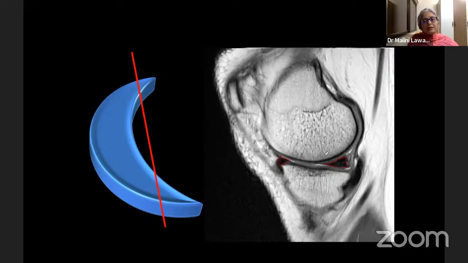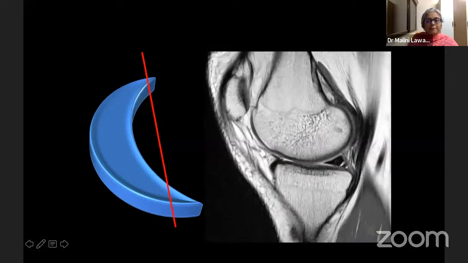Remember that meniscal pathologies are not only abnormal signal, they can also be abnormal morphology. So it's very important to keep in mind the normal appearance. If the posterior horn of the medial meniscus becomes the same size as the anterior horn or smaller, then that is abnormal, even though it may look dark and triangular.